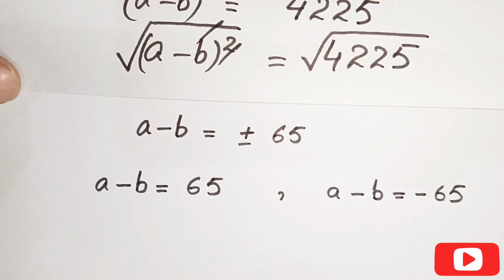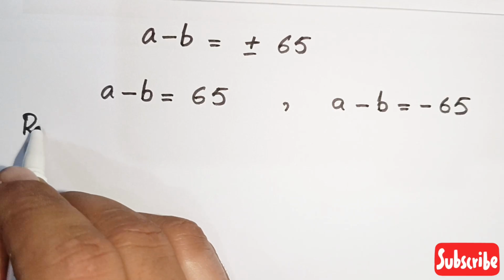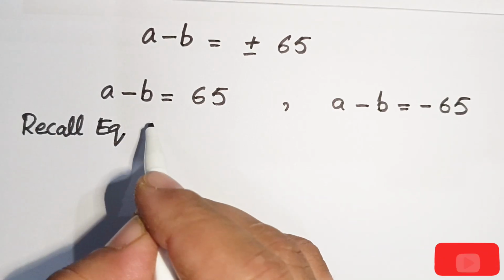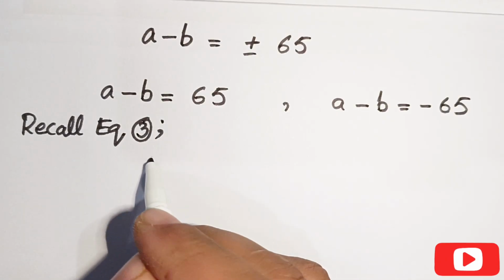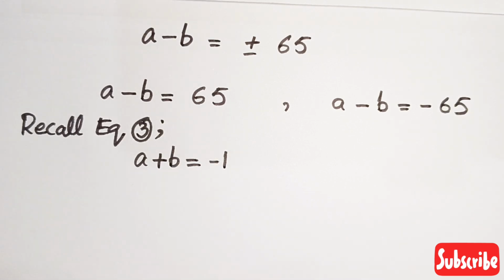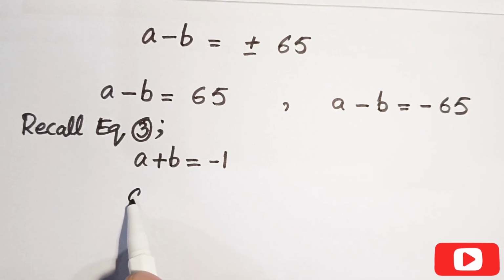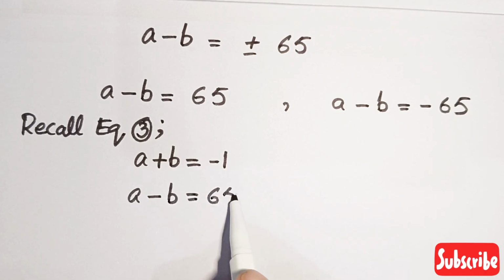So for a minus b is equal to 65, if we recall our equation 3, a plus b is equal to minus 1. Now if we add this equation 3 and this one, the left hand side of this equation is a minus b, which is equal to 65.